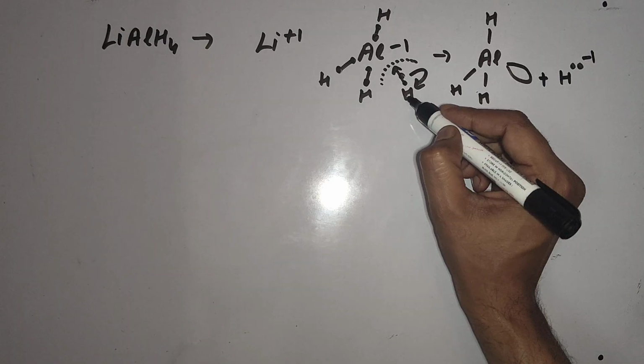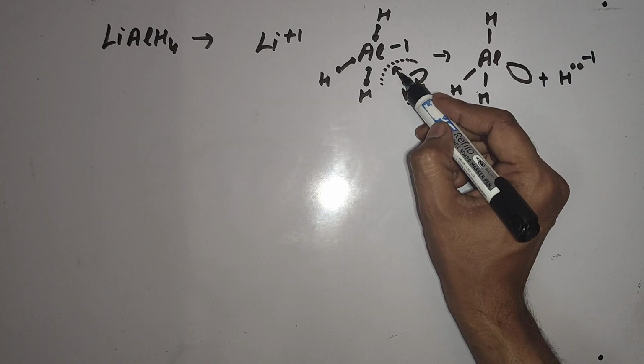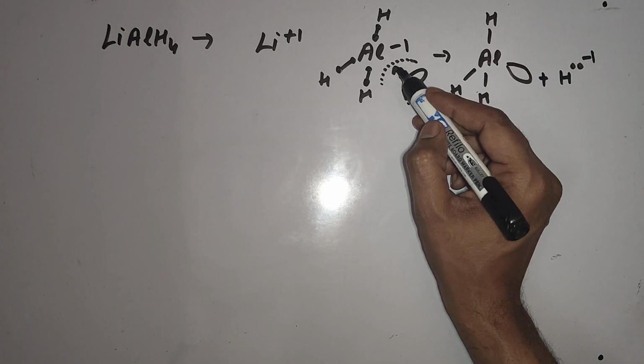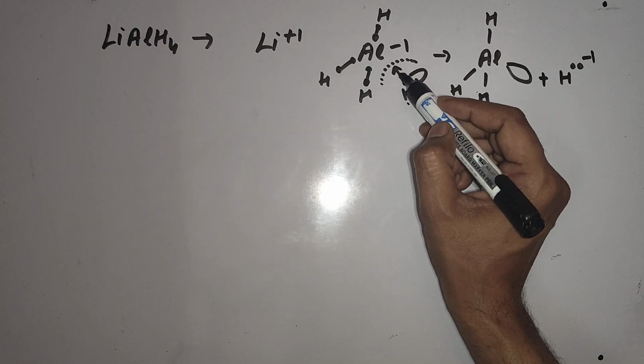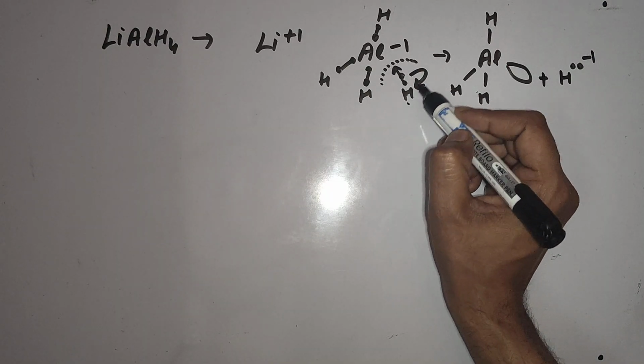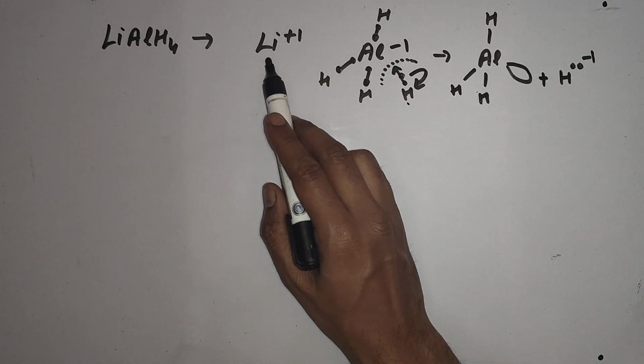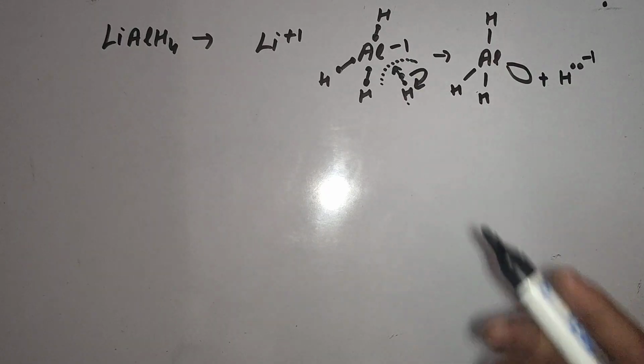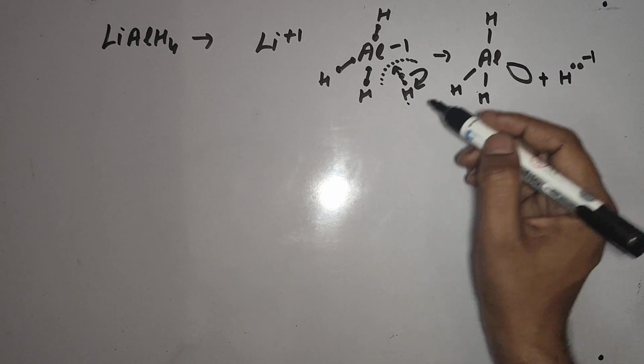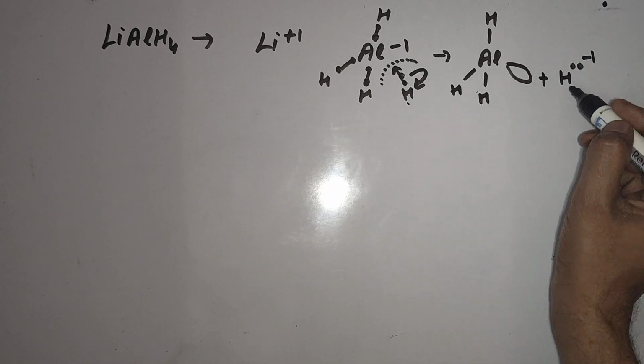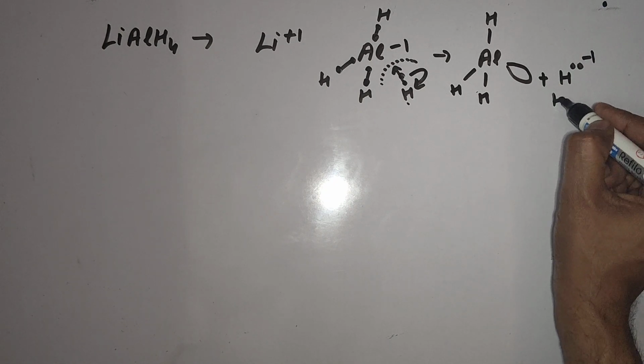One electron is its own, and one electron, I can't say it's an electron of aluminium, because this electron it got from lithium. That's why it has made a dative bond with aluminium, and during the reaction it is getting it back and releasing itself as a hydride ion.